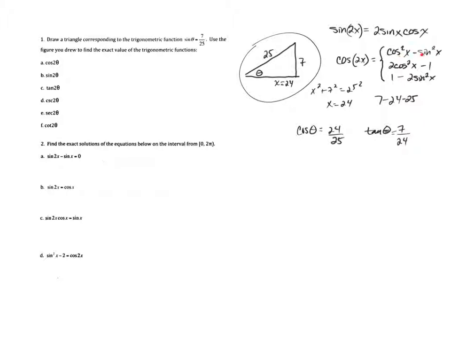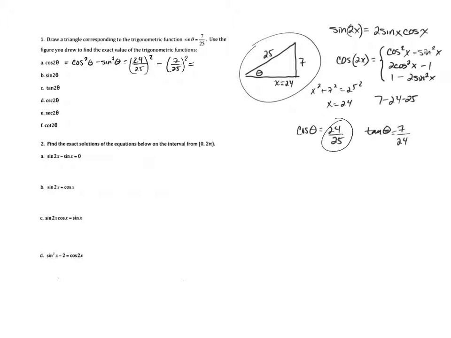I'm just going to use the first one, cosine squared minus sine squared, because that's kind of like the go-to that we use when we need one. So this is the cosine squared of our angle minus the sine squared of our angle. But we know both the cosine and the sine. The cosine is 24 25ths, so it's 24 25ths squared minus the sine, which is 7 25ths squared.